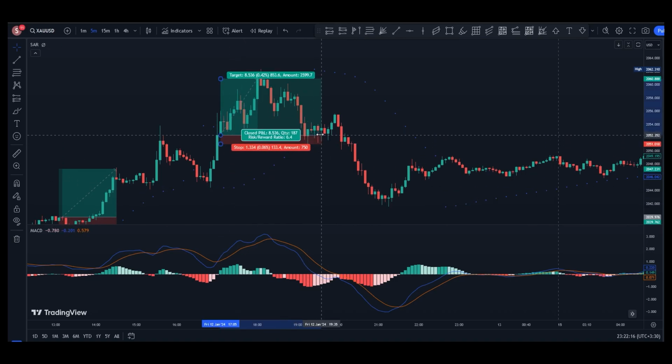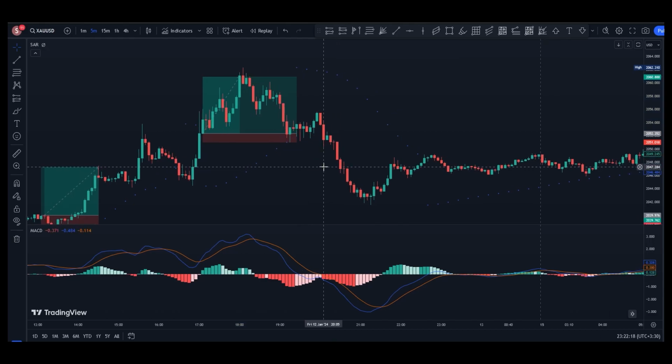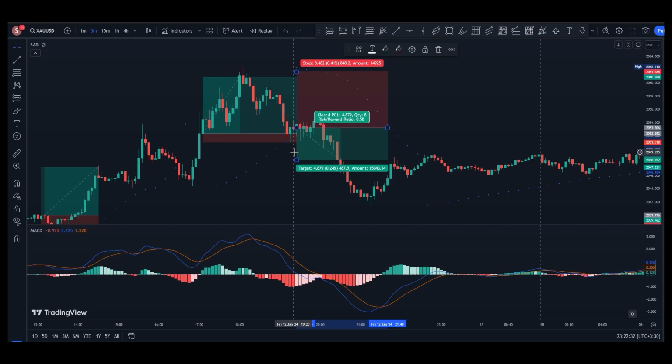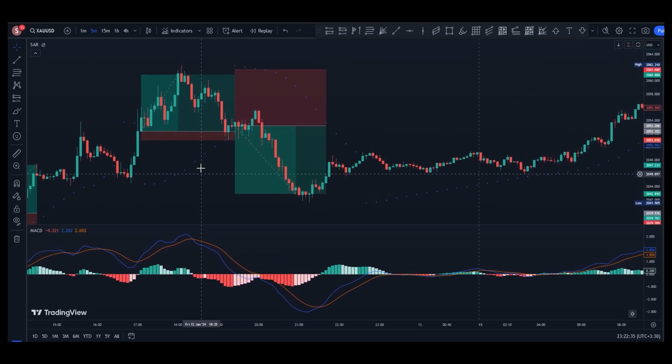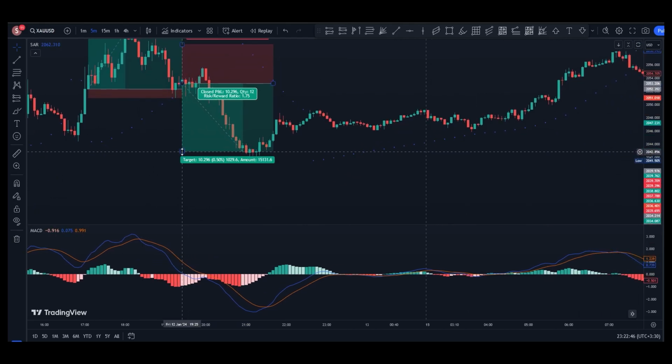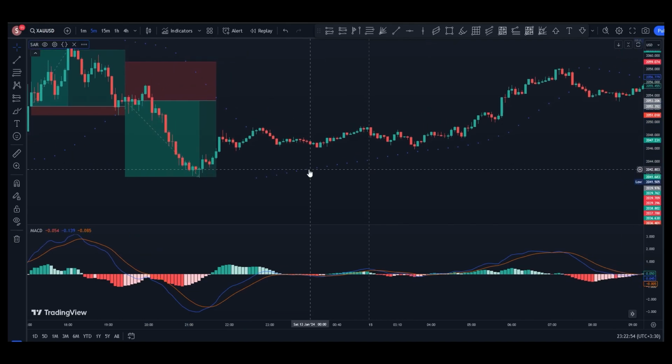If we trail the stop loss, well, we can enter a short position here. Yeah, we will enter our short position here, and put our stop loss on the Parabolic SAR. As you see, it's two away from our entry point, so we can put it a little lower than we expected. As you see, it almost hit our TP.